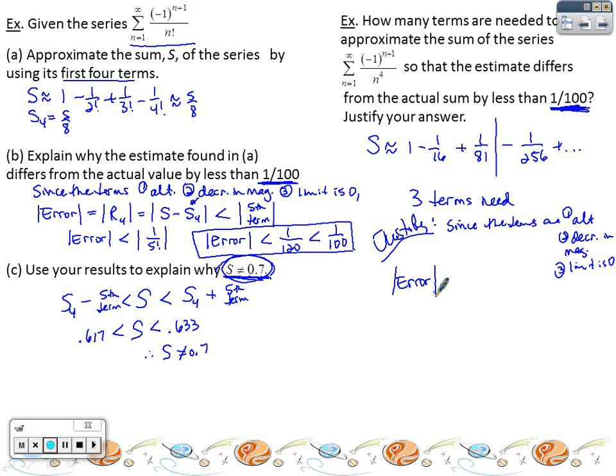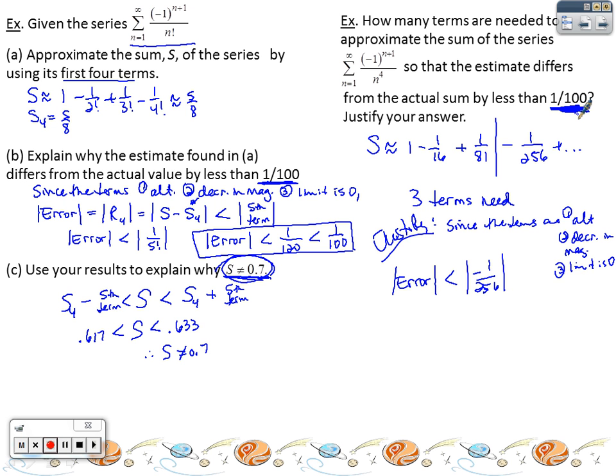Oh, that'd be a great formula question, wouldn't it? What are the 3 ways to write error? A formula quiz question. Error is less than our 4th term, which is negative 1 over 256. The absolute value of our 4th term. Okay? So then to justify, we need to include this number in there.